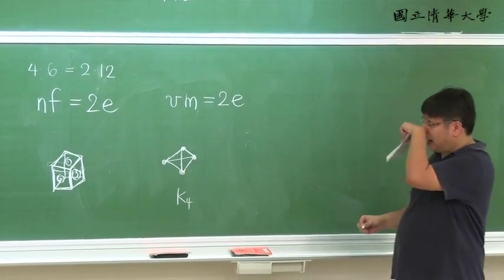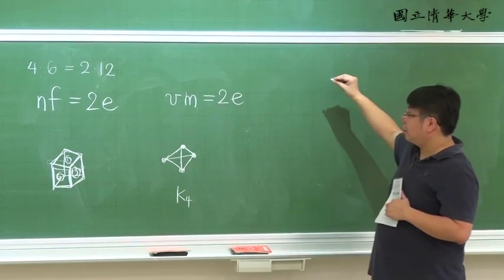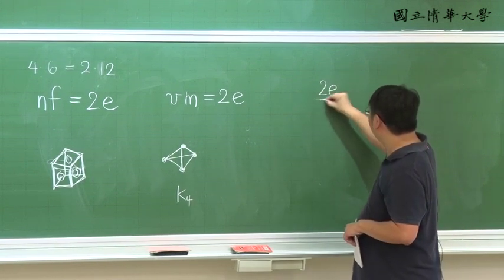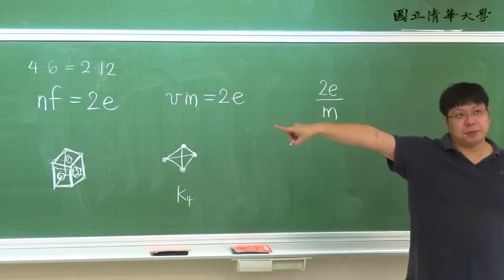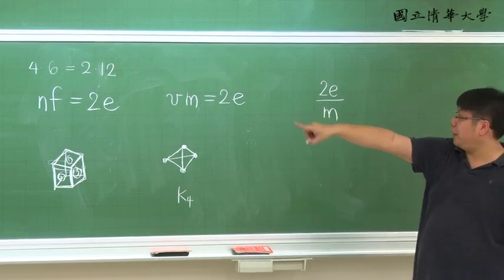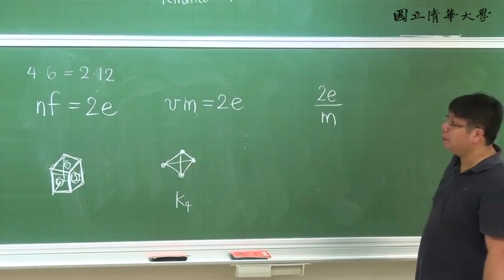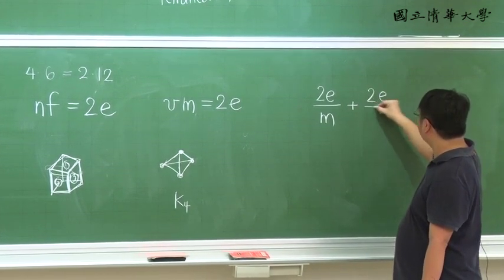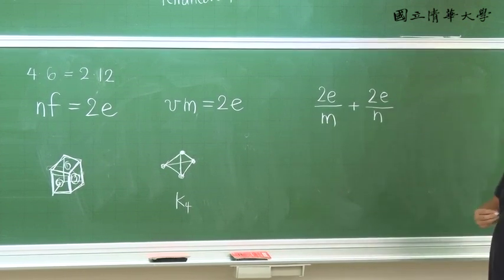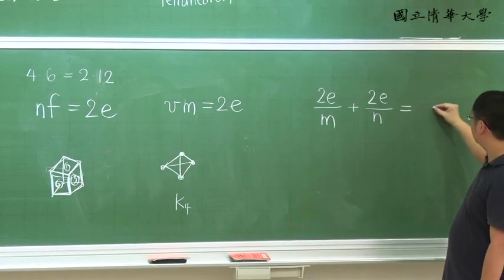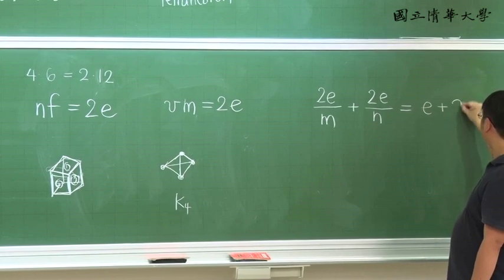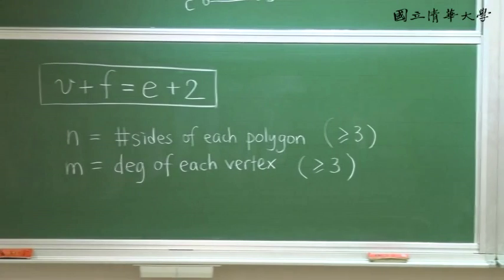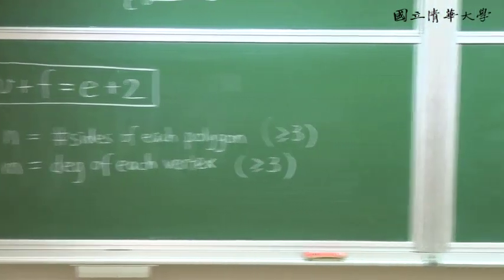V is equal to 2E over M, and F we can change to 2E over N. Let's compare this with the Euler formula: V minus E plus F equals 2, so 2E over M minus E plus 2E over N is equal to 2.